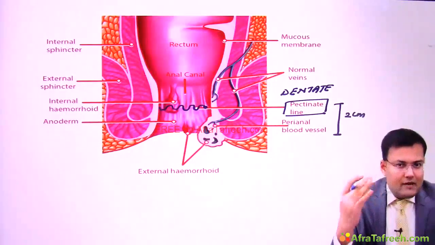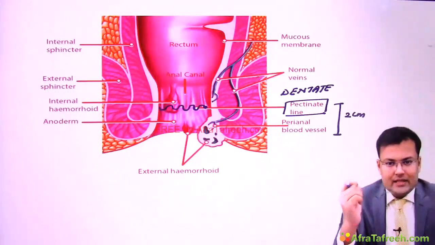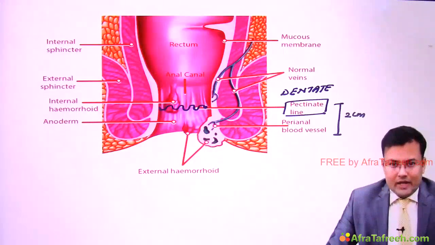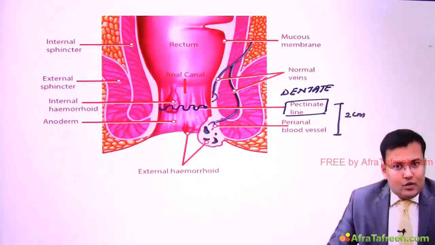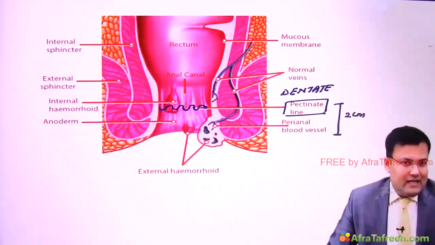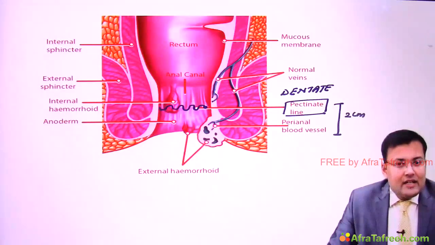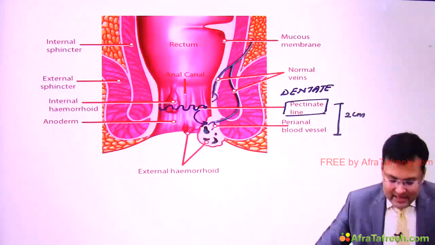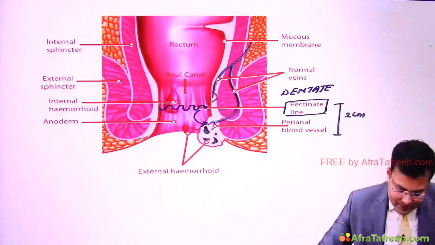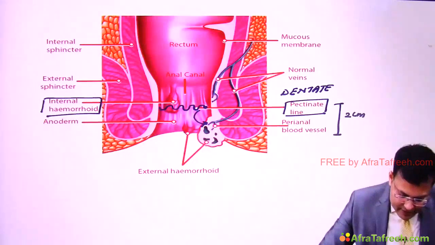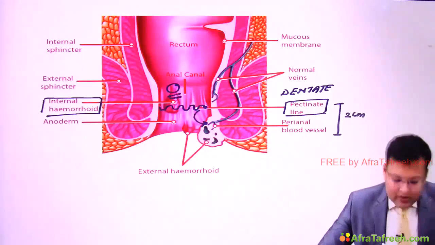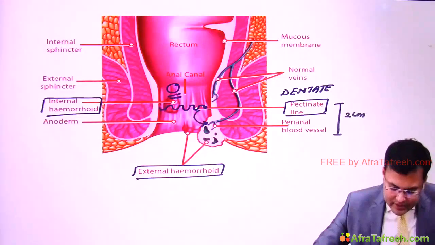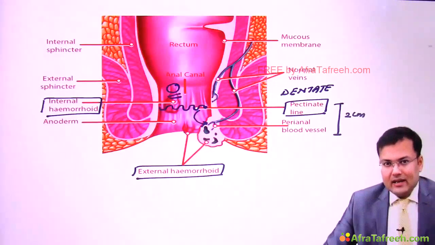Above dentate line there is a pain insensitive region, and below dentate line there is a pain sensitive region. So if the hemorrhoid is located internal to dentate line, it is known as internal hemorrhoid, and if it is located external to dentate line, it is known as external hemorrhoid.